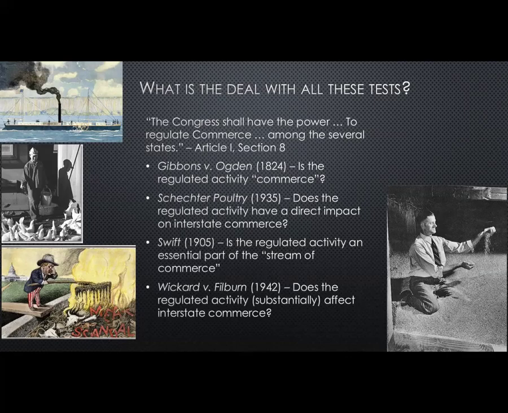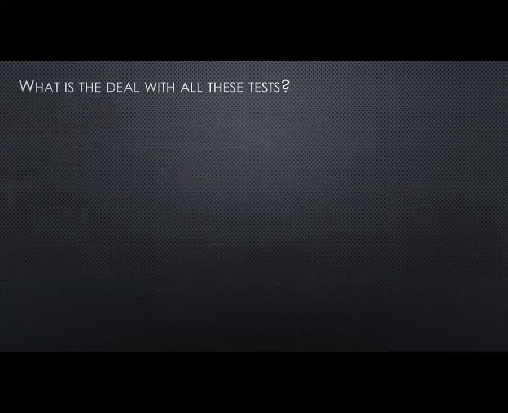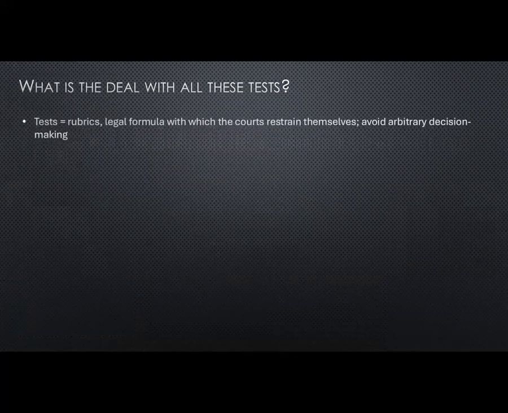But you see all of these tests and you might be wondering, what's the court doing? Why does it have all these different tests? Why are they changing over the years? You can look at the tests like grading rubrics that a professor might use, or a legal formula with which courts will restrain themselves. Courts have to avoid making arbitrary decisions.